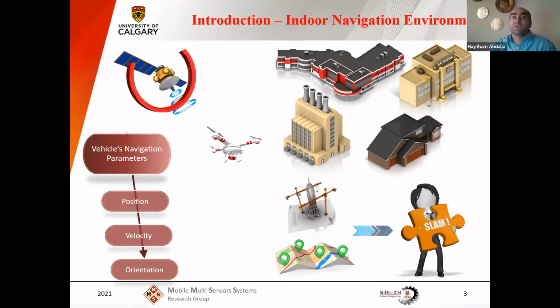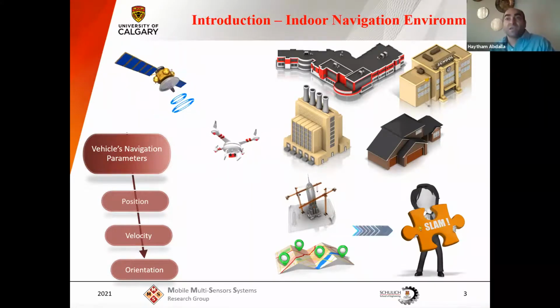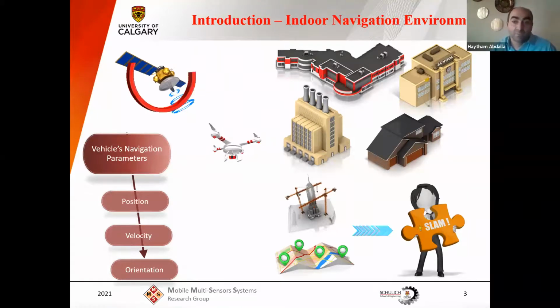So the vehicle can hit a wall or any obstacle present in the environment. So the vehicle has to estimate accurate navigation parameters for the navigation itself, as well as for building a good map.